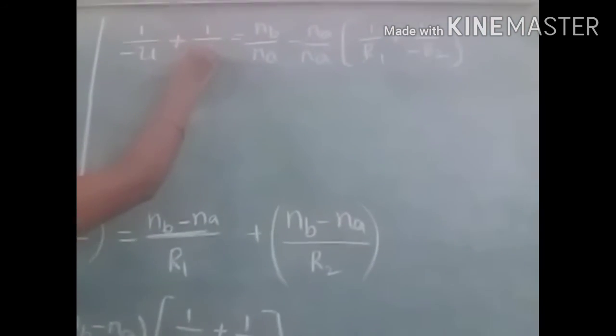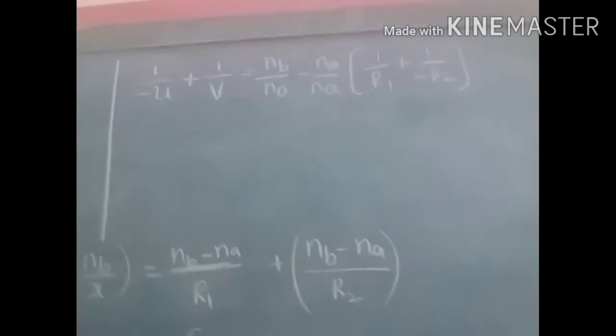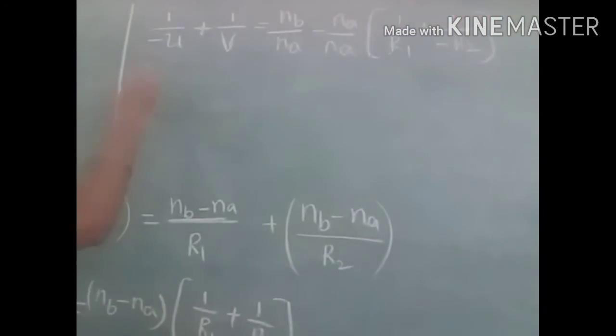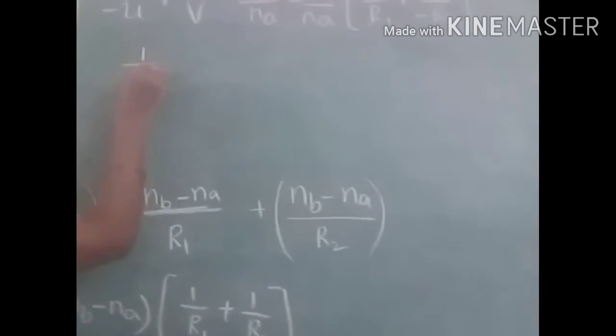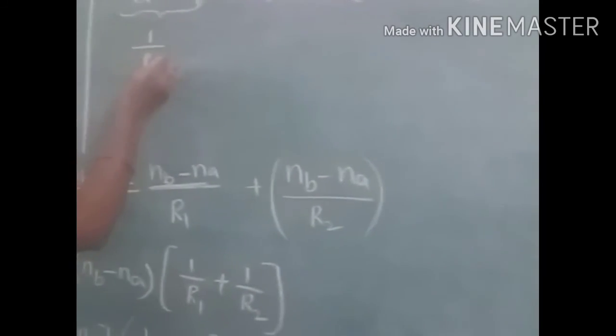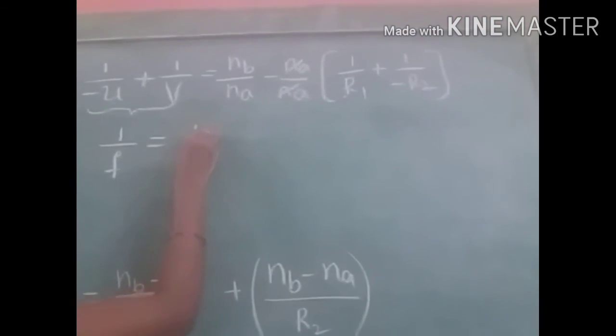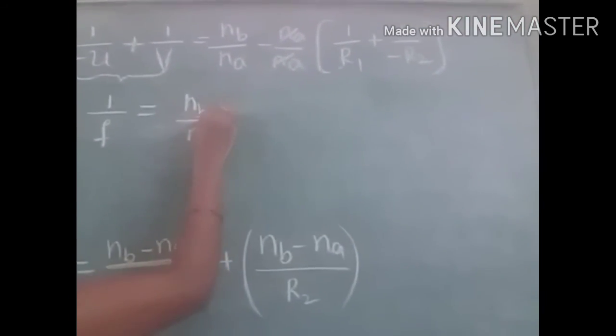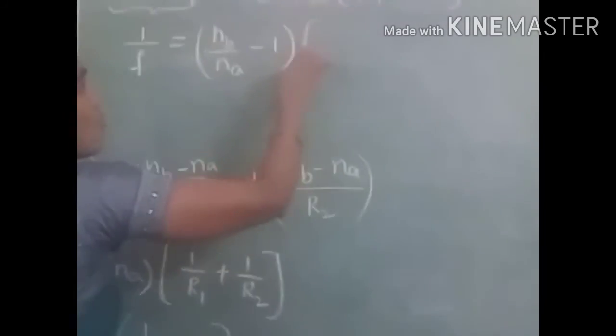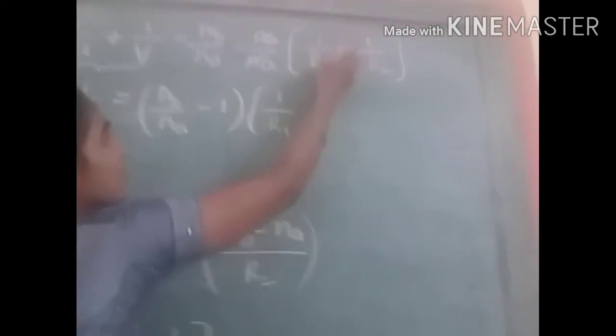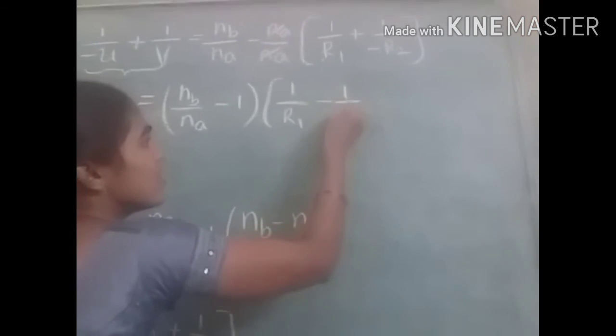Already we know according to the lens formula, 1 by V minus 1 by U is equal to 1 by F. So instead of this term we write 1 by F, that is equal to, here NA gets cancelled. So NB by NA minus 1 of 1 by R1, here plus into minus, 1 by R2.